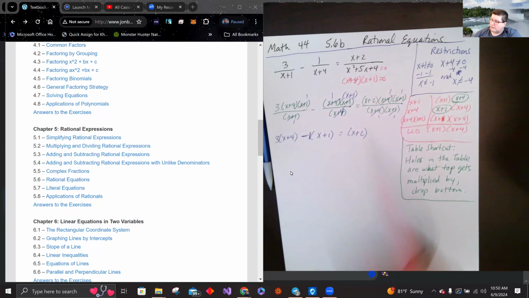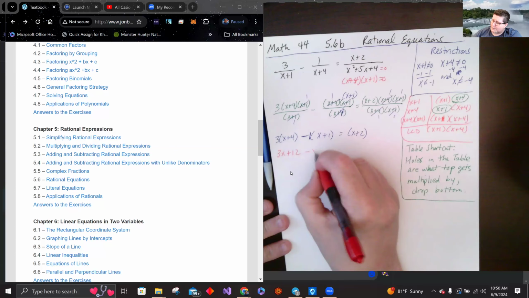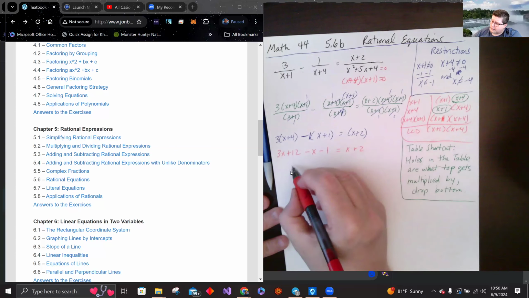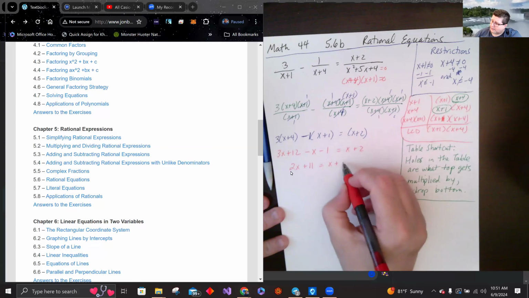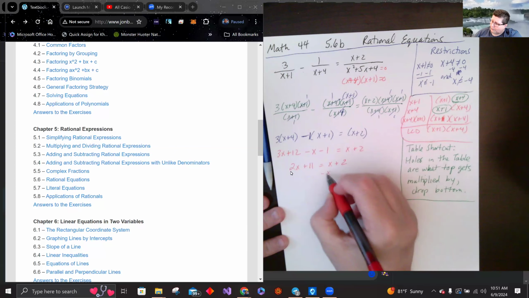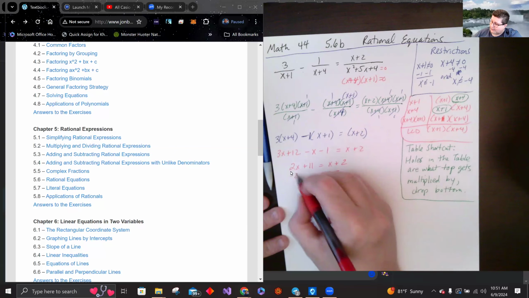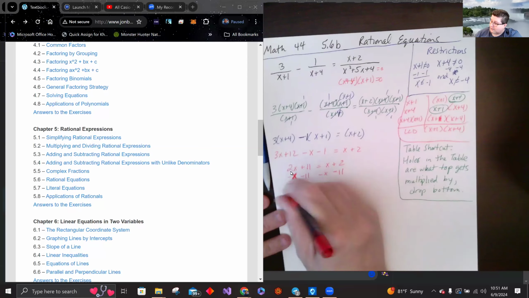At this point, we distribute: 3x plus 12 minus x minus 1 equals x plus 2. I will gather like terms. I'll get all the x's on one side, since it's not a quadratic, or x squared. Get the x's on one side and the numbers on the other.